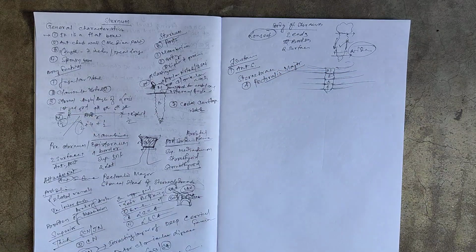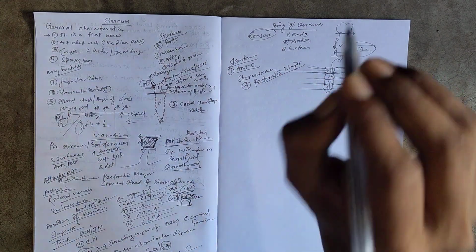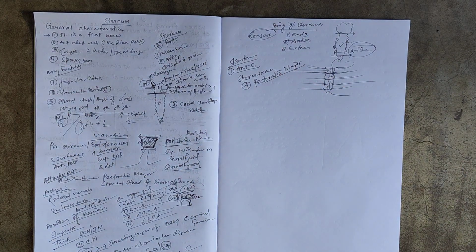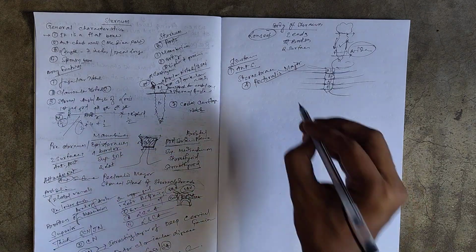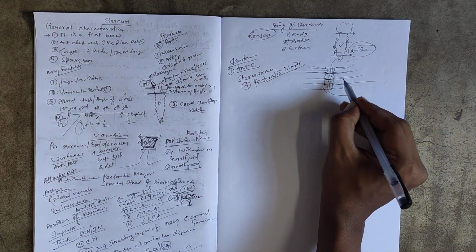So the anterior surface muscular attachment is pectoralis major only. Pectoralis major coming like this. And the horizontal ridges connect the sternebrae.